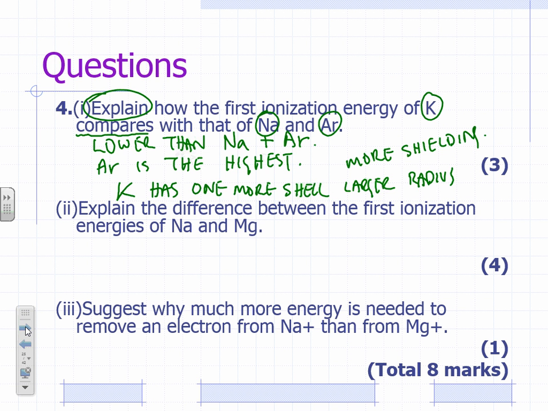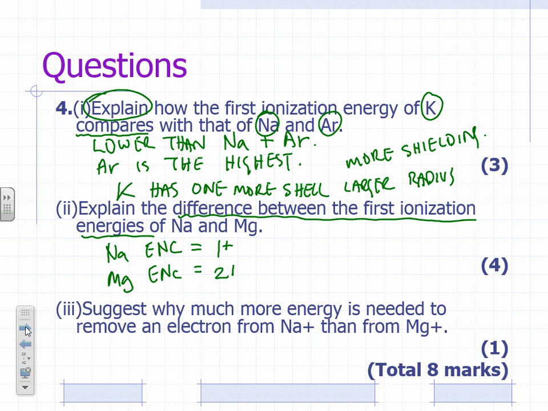Explain the difference between the first ionization energies of sodium and magnesium. Now, sodium has an effective nuclear charge of 1+. Magnesium has an effective nuclear charge of 2+.